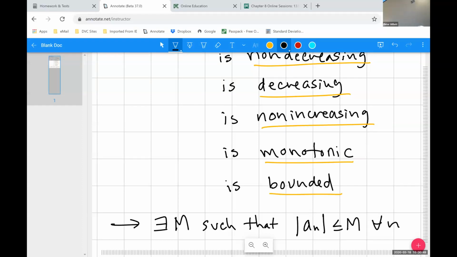And part of what will help us to do that is to determine whether the sequence is bounded or not. And it may not even be relevant what number it's bounded by. It may be more important simply that it does not go to infinity. And if it does not go to infinity, that means that it must be bounded by some number. Does that help or no? Yes, it does. Thank you.